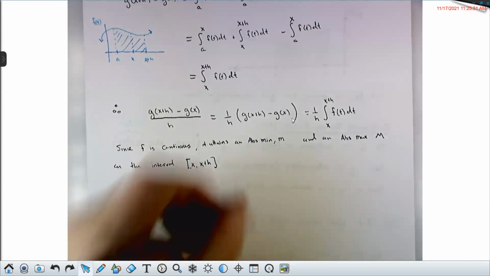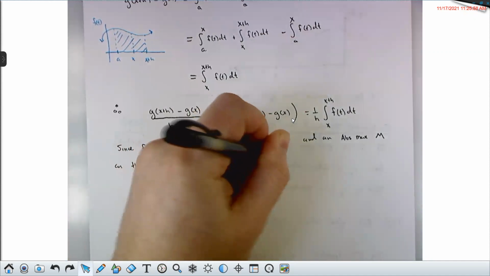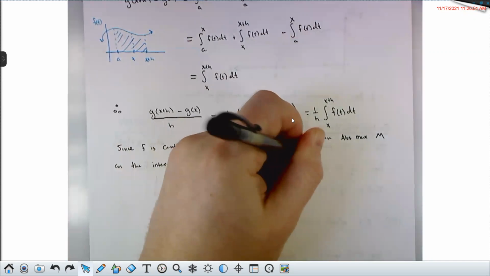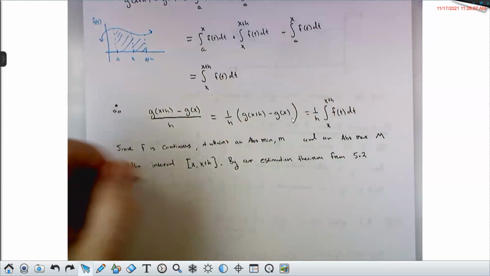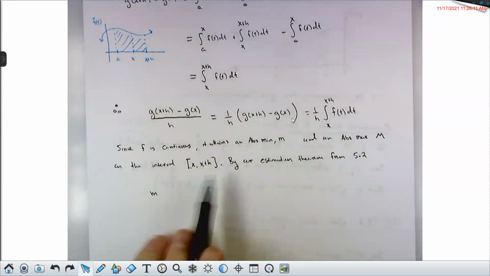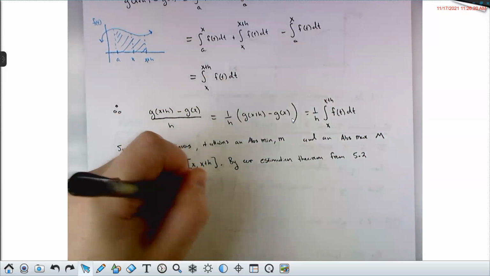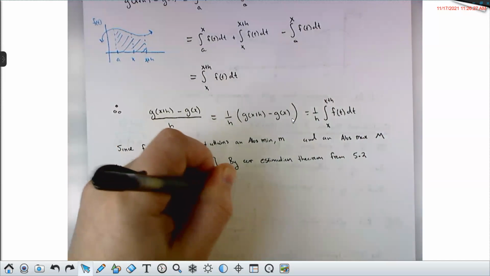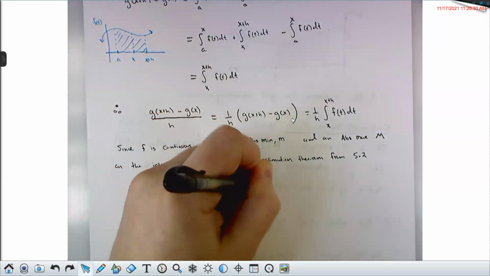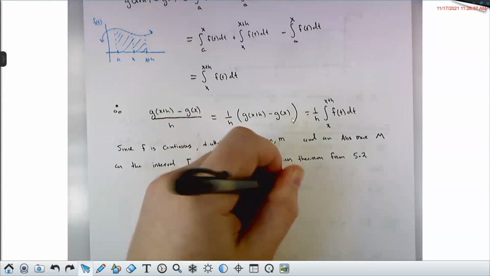This would mean, by our estimation theorem from section 5.2, little m times the length of this interval, which is x plus h minus x, is less than or equal to the integral from x to x plus h of f of t dt, which is less than or equal to big M times the length of that interval, which is x plus h minus x.